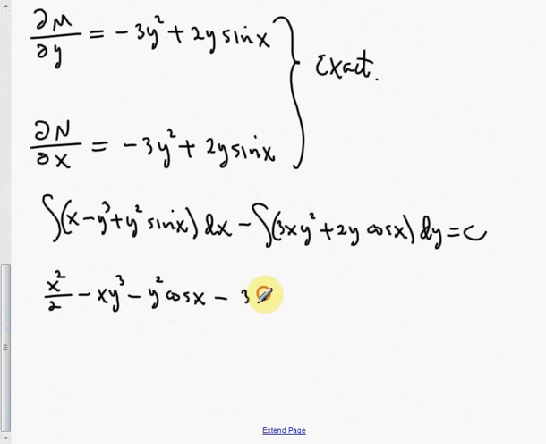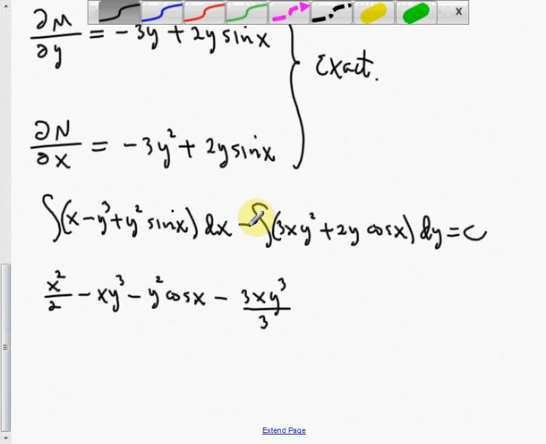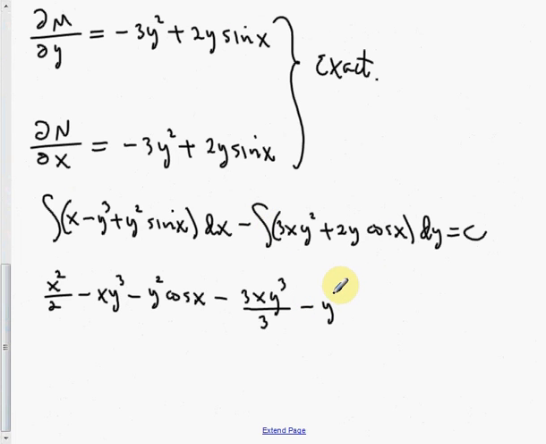So this is 3x y to the third divided by 3. Don't forget that negative sitting out there as well. Then we integrate 2y cosine x with respect to y. That becomes 2y to the second divided by 2, minus signs. This is minus y squared cosine x, equal to c.